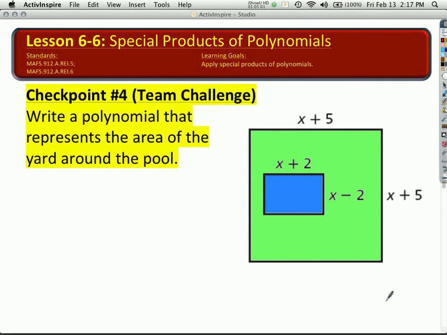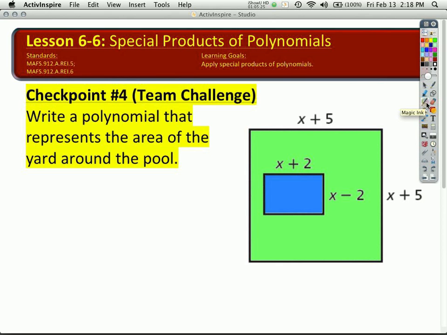I got student number 14, 4, 1, 17, and 7. Student number 14, what'd you get? 10x plus 21. Okay. Student number 4, I got 2 answers. Well, give me one of them. I don't know which one to give, so I got 10x plus 29.